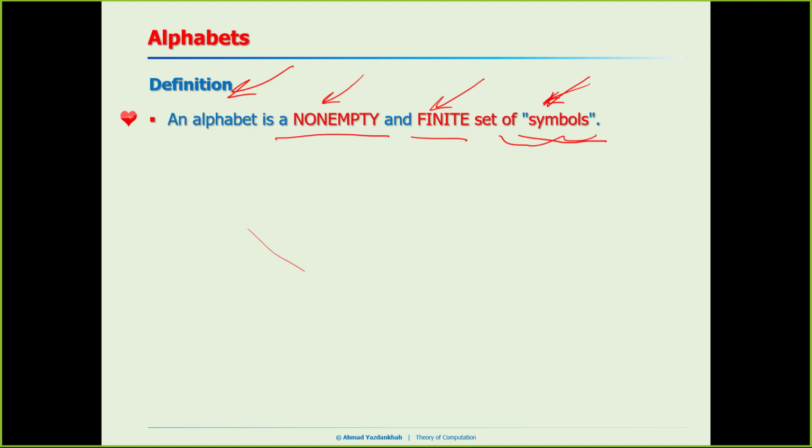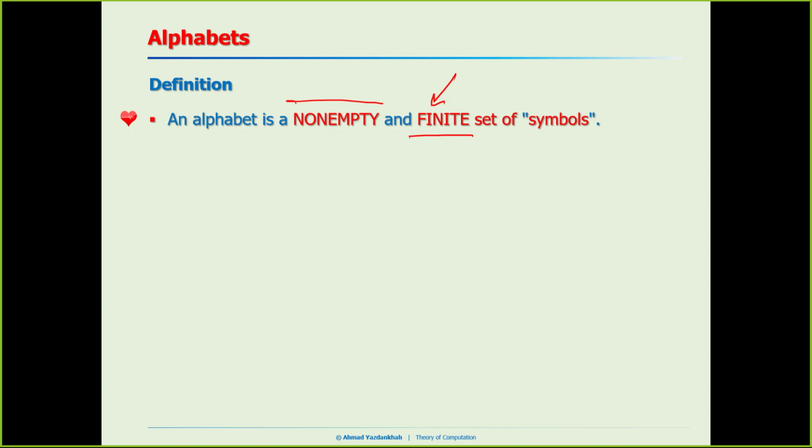Okay, so this is the alphabet. Pay attention, please, that it should be finite. We don't have an infinite set of symbols. It's not a practical thing. And if it is empty, again, it is not practical. We cannot make a language with an empty alphabet. We should have something.